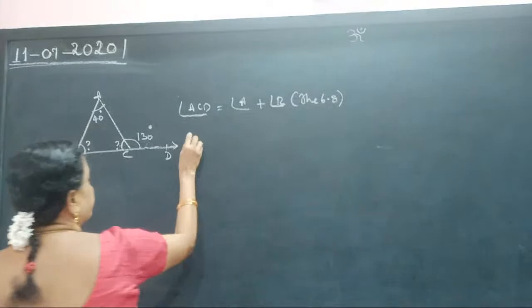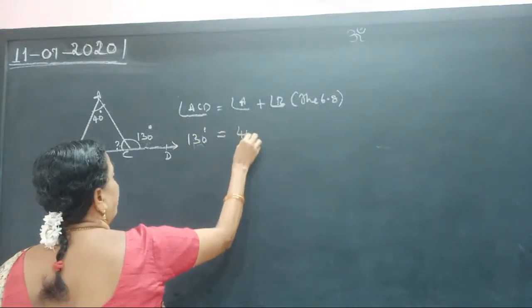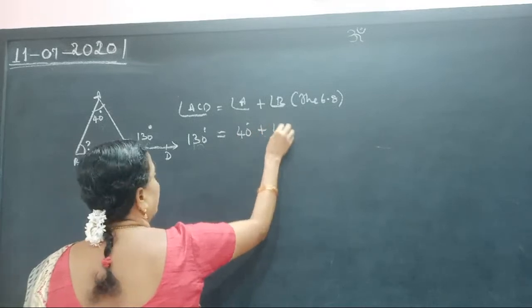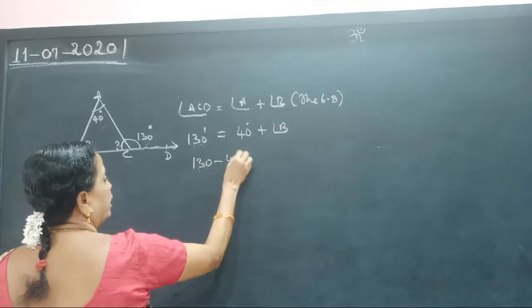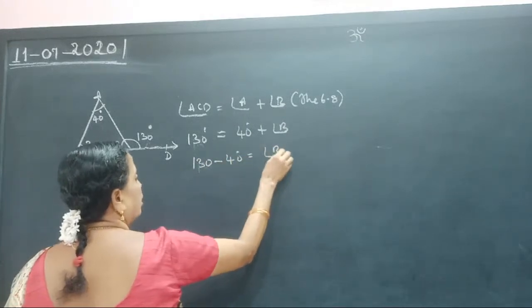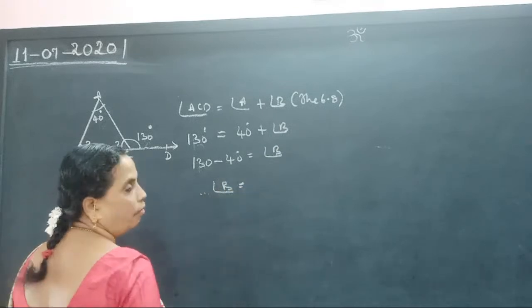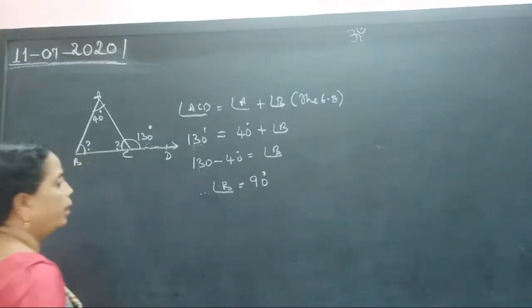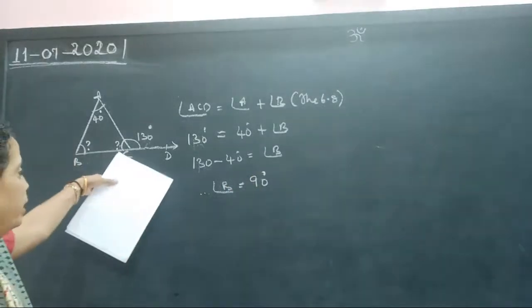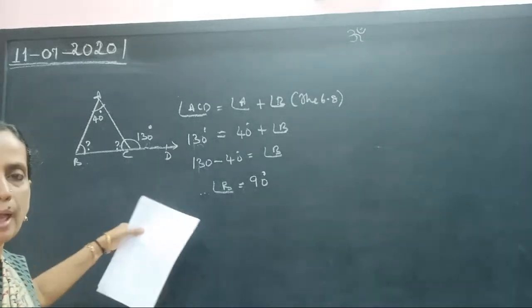So angle ACD is 130 degree, angle A is 40 degree. Find out angle B. 130 degree minus 40 degree equals angle B. Therefore angle B equals, what is angle B? 90 degree.